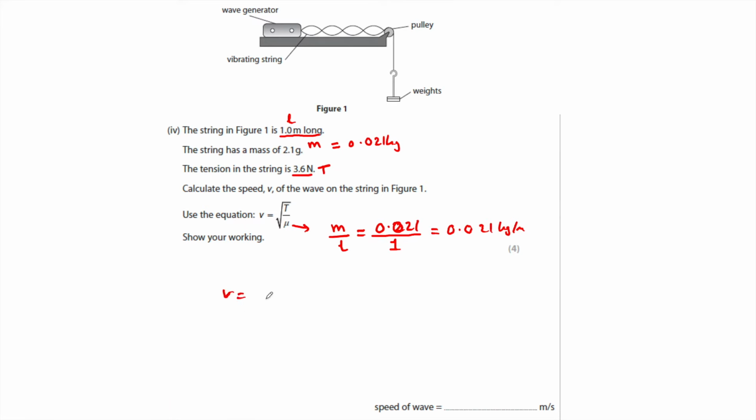And finally, the speed is the square root of tension over mass per unit length, which is the square root of 3.6 divided by 0.021. And that gives you 41 meters per second.